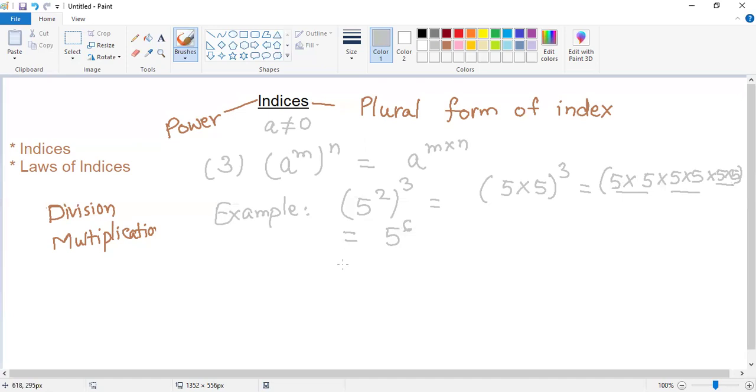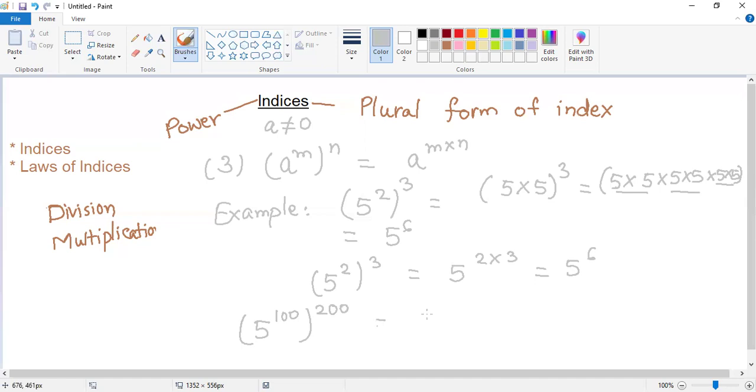Now when you use this formula, or the law that you have seen on top, the third law, 5 power 2 power 3, what you need to do is multiply 2 times 3, which is going to be 6. Now again, you can correlate this with larger numbers, because then you cannot multiply and then count. Suppose you have 5 power 100 and then power 200.